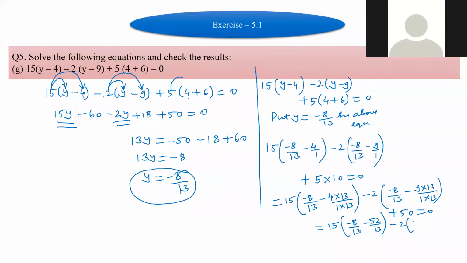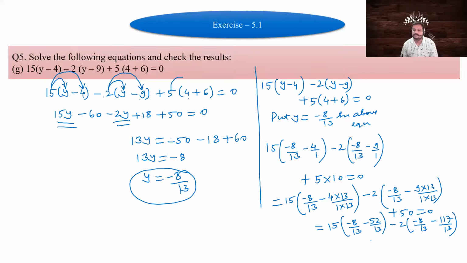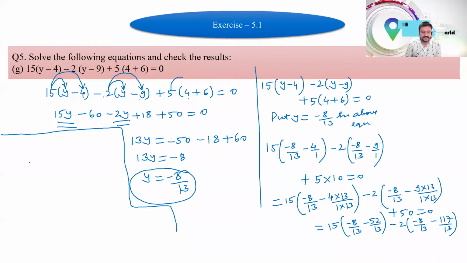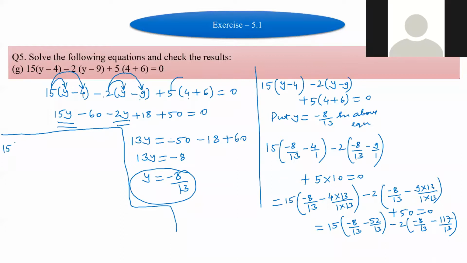Then minus 2 bracket minus 8 upon 13 minus 117 upon 13. Then we will write 15, and minus 8 minus 52 upon 13. It is minus 60 upon 13.